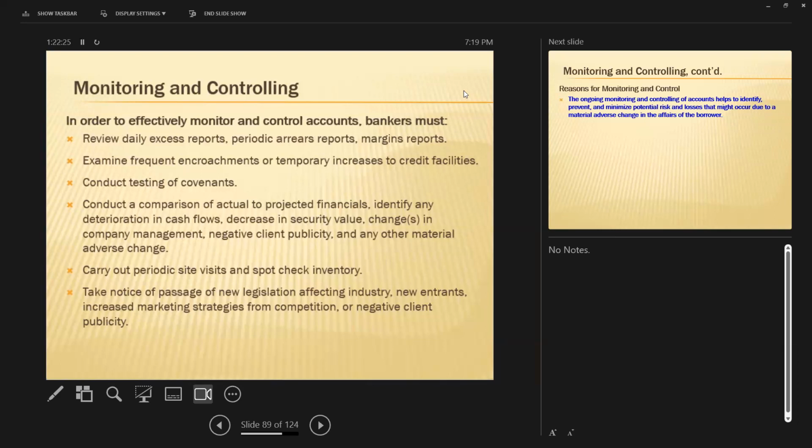So if you have a big food chain coming in, and Rupert Roberts is your customer, how is XYZ food store, that's a big conglomerate, they have 50 food chains they will set up in the Bahamas, how are they going to impact Rupert Roberts, who's your client, right? Super Value, Quality Markets, right? Increased marketing strategies from competition or negative client publicity.